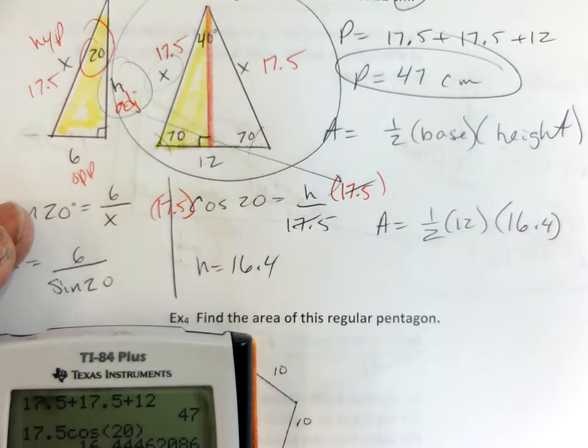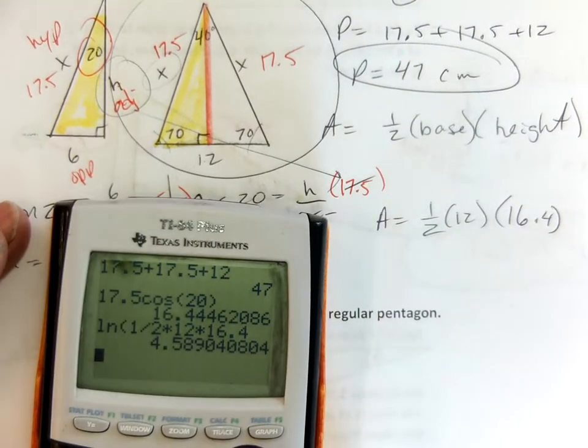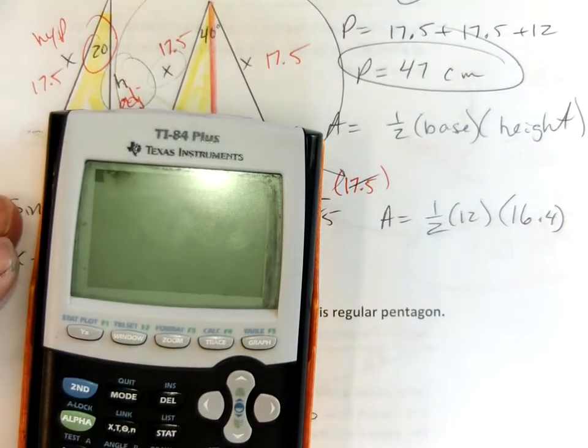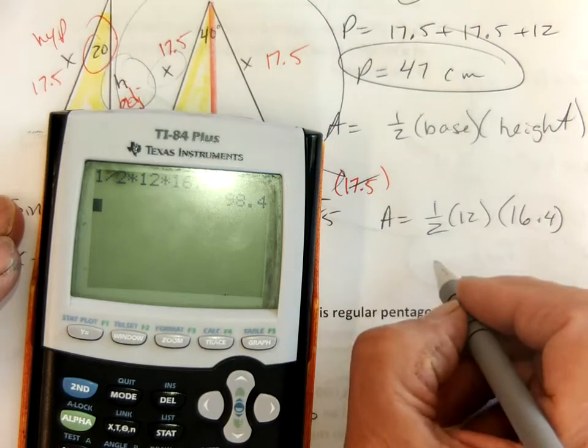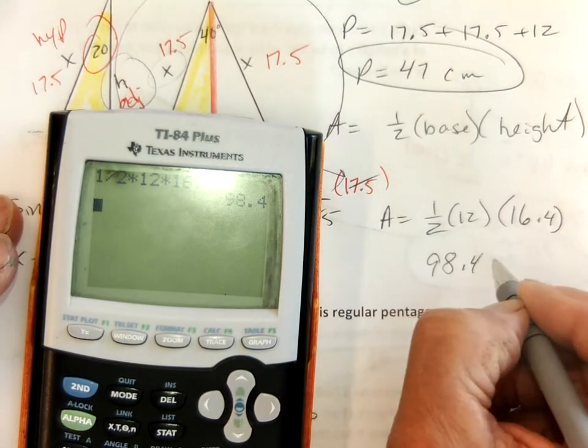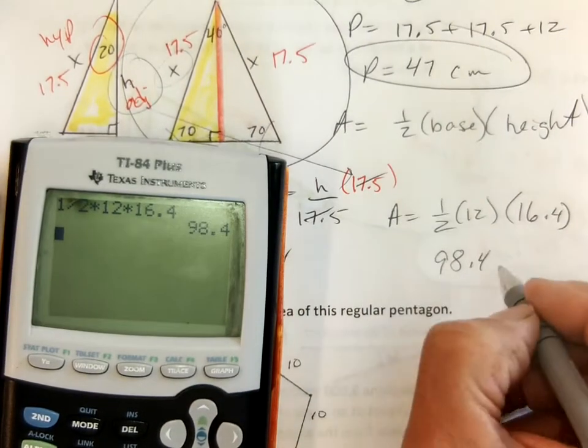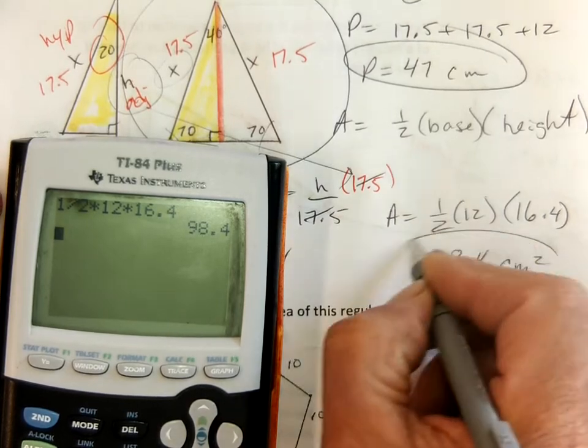What's that in your calculator? Oh, thank you, Scott. No, I made a major mistake, that's natural log. I would have messed up. Scott, I had the wrong answer. Thank you. My clumsy fingers. Okay, how about 98.4 for the area? And it's centimeters, so it's got to be centimeters squared, okay?